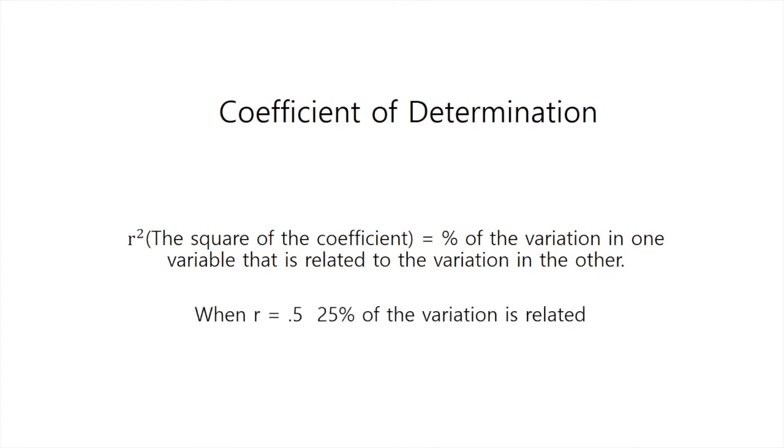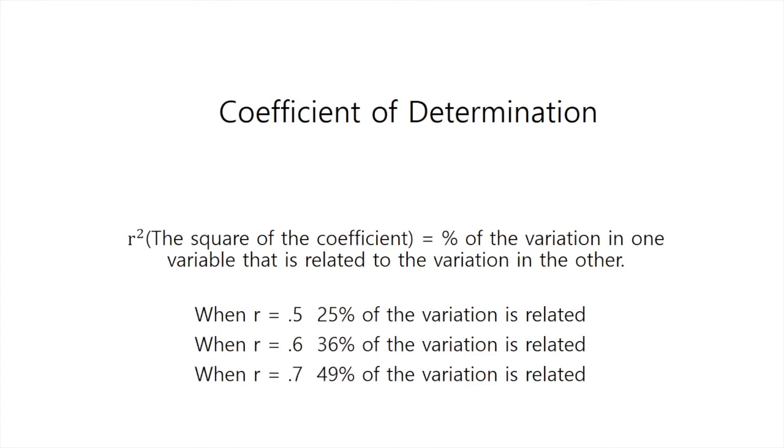When r is 0.5, the coefficient of determination will be 25%, which is r squared, 0.25. It means that 25% of the variation is related. When r is 0.6, 36% of the variation is related. When r is 0.7, 49% of the variation is related.